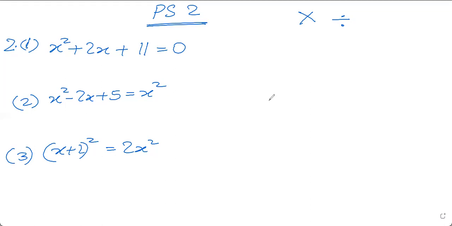If you look at the first equation, x square plus 2x plus 11 equals to 0, there are no multiplications or divisions here. x square is a term, 2x is a term, 11 is a term, 0 is a term, and they are connected to each other just with addition and subtraction. So we can comment on it right away.